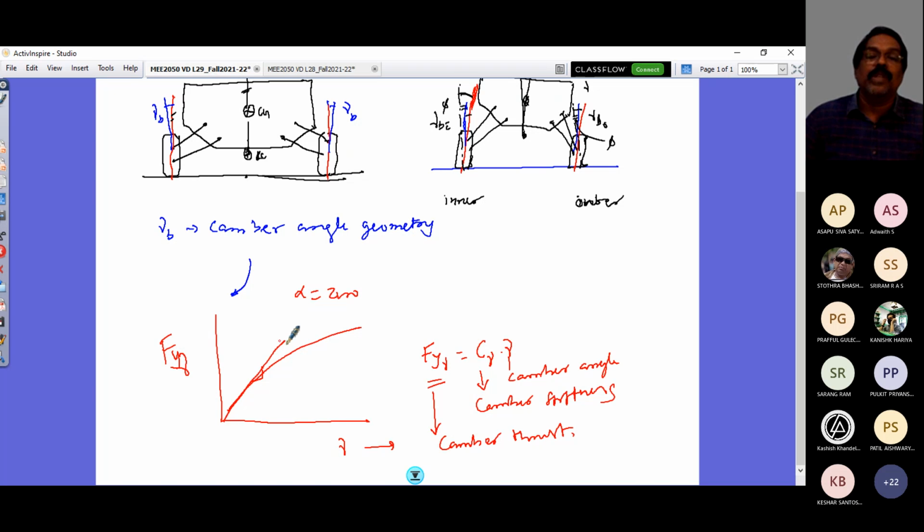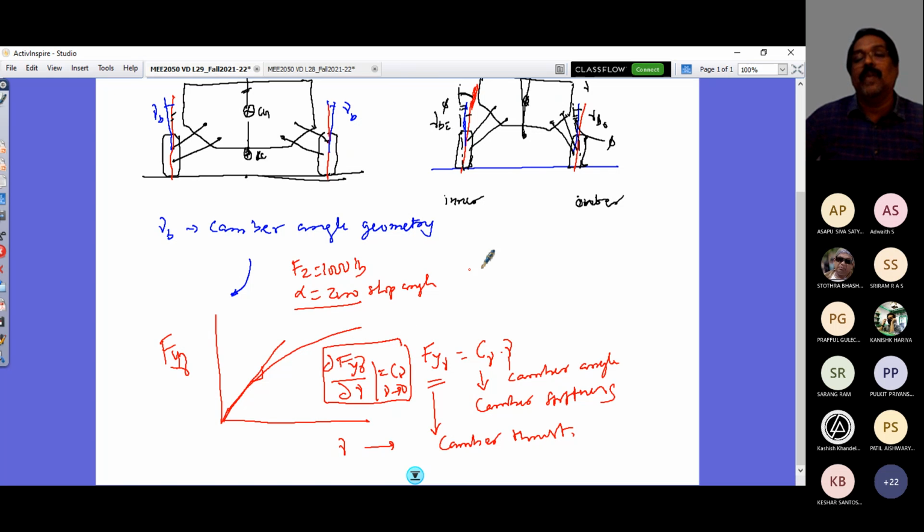You get such a plot for a particular normal load, say 1000 pounds, and zero slip angle. The camber thrust is a function of gamma, and the slope, the same way you defined for slip angle, is dou Fy gamma by dou gamma. As gamma tends to zero, whatever you get is C gamma.